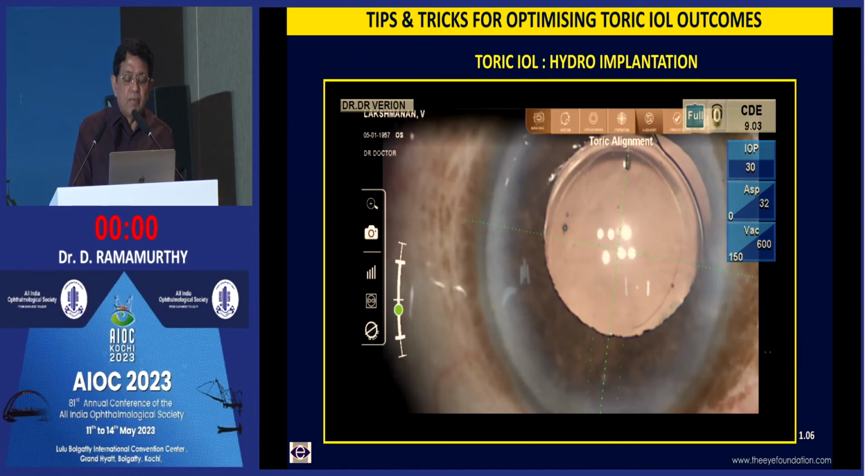There are several manufacturers who come up with good quality lenses, and the cost for the patient of an Indian toric intraocular lens and an imported aspheric single piece lens is almost similar. So we would rather give the advantage to the patient of neutralizing the astigmatism rather than insisting just on an imported lens being implanted.